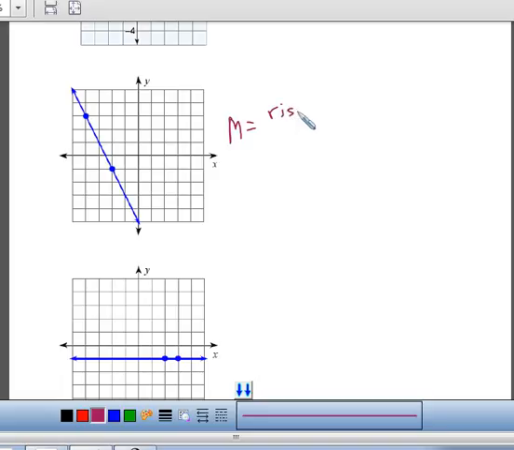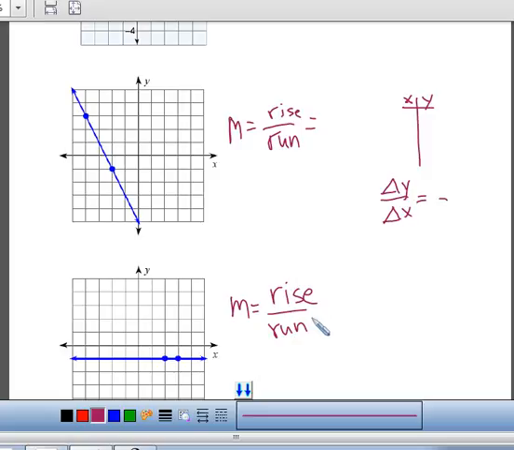Rise over run equals, and then do a mini table, x and y, and then find your change in y over change in x. I will give you a hint with this one. It's a negative value. The one down below, I'm not going to give you any hint other than it's a little tricky. Alright, so same thing, and then do a table just to, almost like as a check to confirm what your answer is when you do the rise and the run.